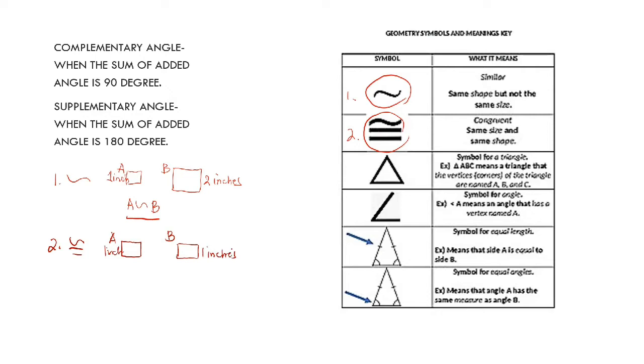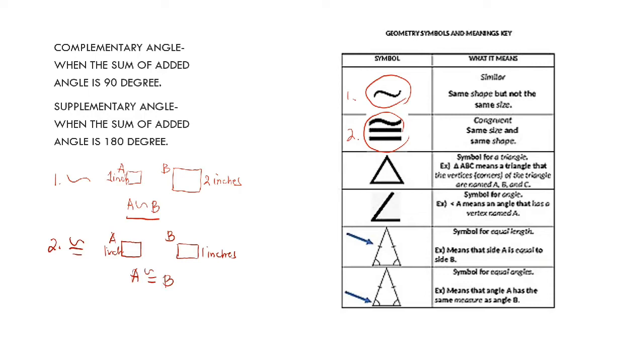Therefore, since they have the same shape, both squares, and the same measurement, we can say that A is congruent to B. Ibig sabihin, kapag yan lang yung nakita natin, we can say that they have the same measurement and also the same shape.